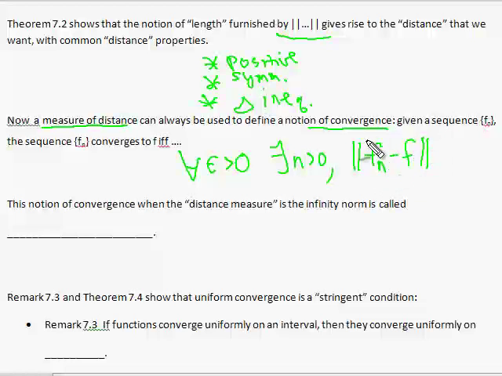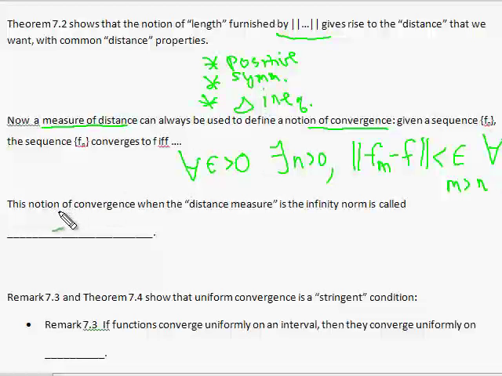Remember, when we first defined convergence, we just used absolute value, but we're just plugging this in. Same thing works. Okay, general notion of convergence.